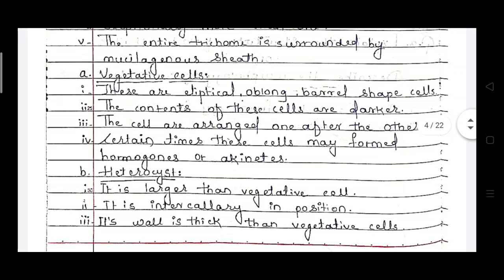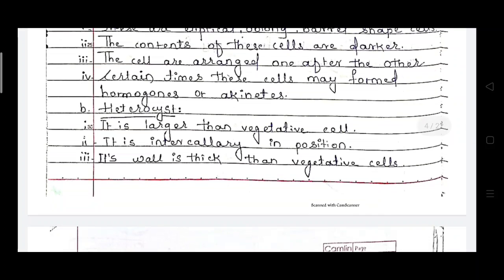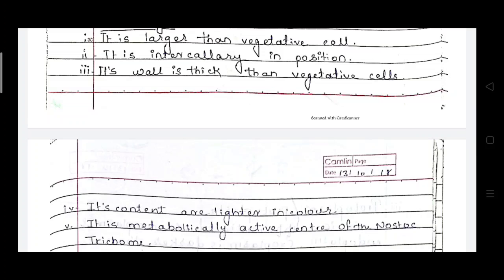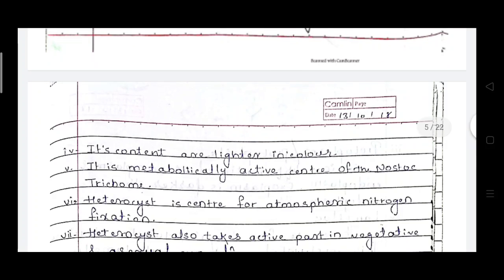Then about the heterocyst. The heterocyst is a larger vegetative cell, mostly present in the intercalary position, and these heterocysts are thick as compared to the vegetative cells. Different MCQs are asked about this structure.